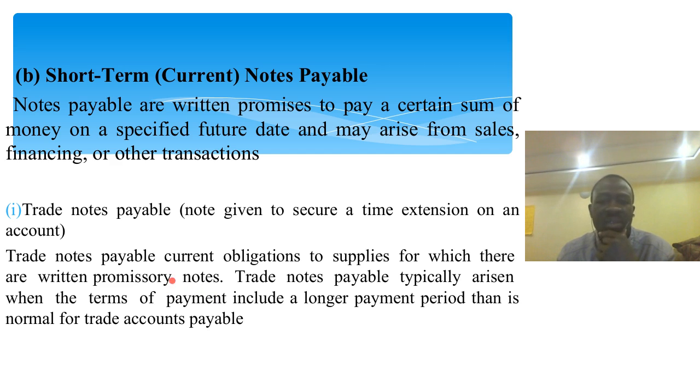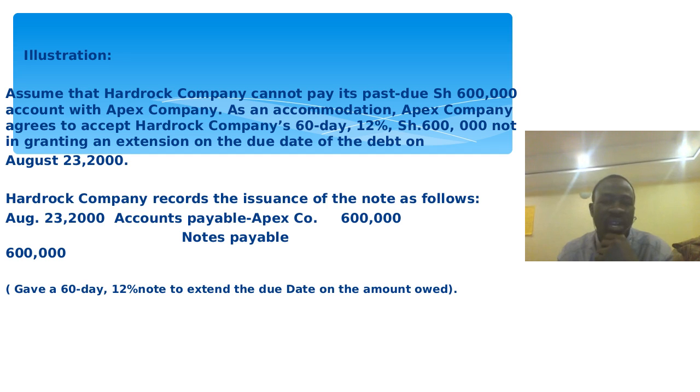I believe that you all know what a promissory note is. Trade notes payable arise when the terms of payment include a longer payment period than is normal for trade accounts payable. So the only difference between trade notes payable and accounts payable is the time period in which you are expected to pay your debt.